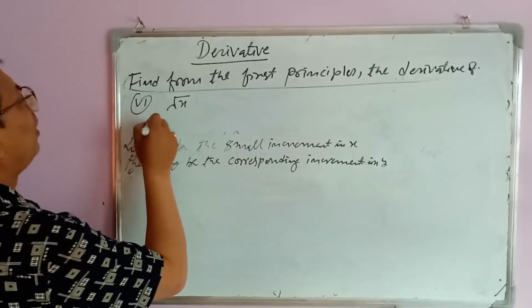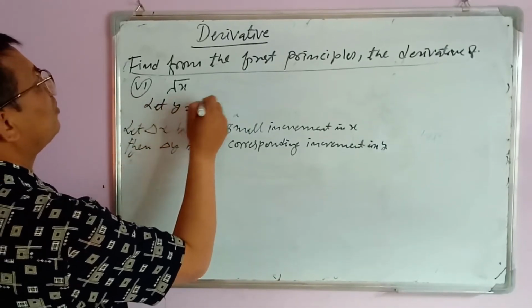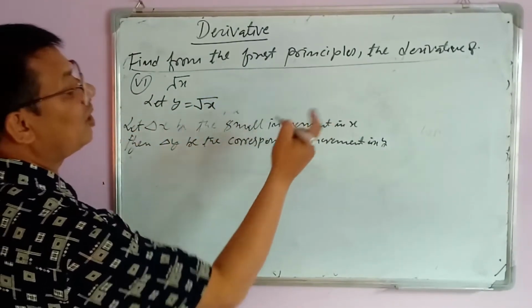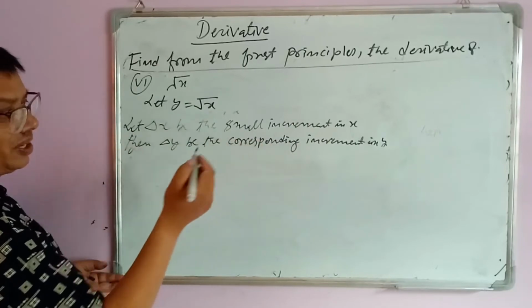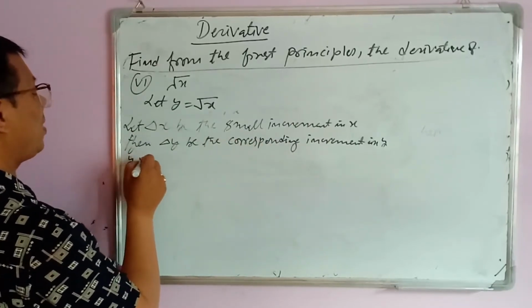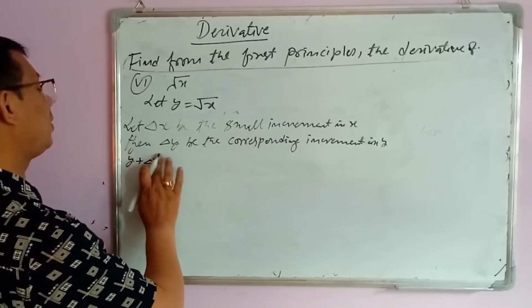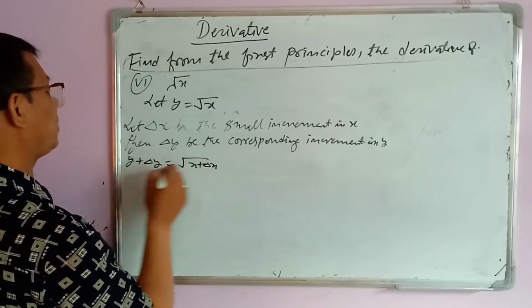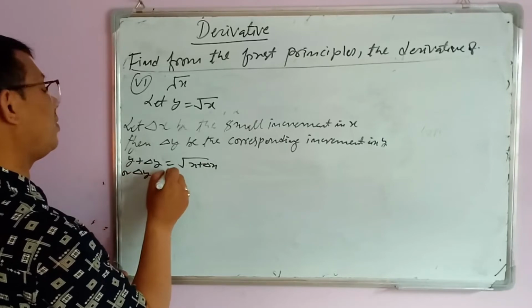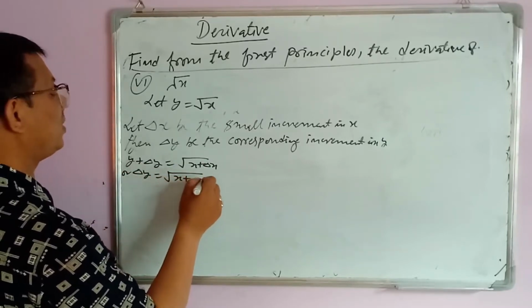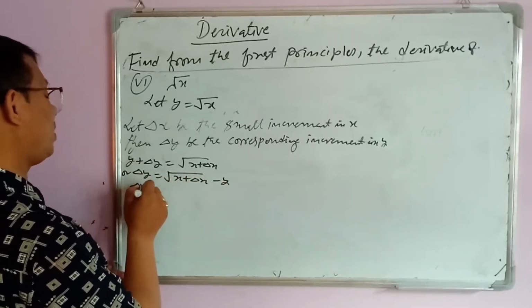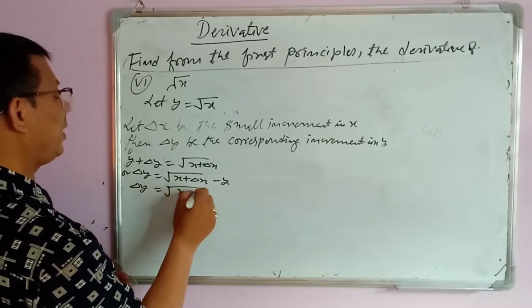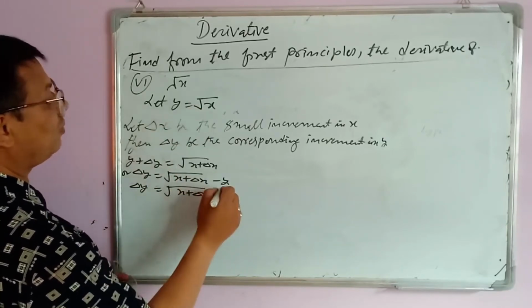Root x. Let y equal to root x. Let delta x be the small increment in x, then delta y be the corresponding increment in y. Y plus delta y equal to root over x plus delta x, or delta y equal to root over x plus delta x minus y, meaning root x.